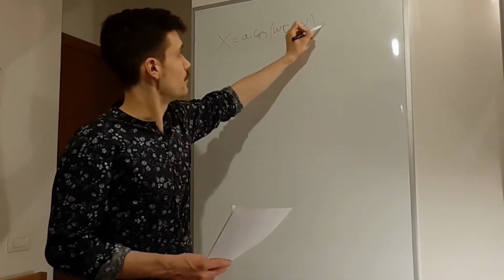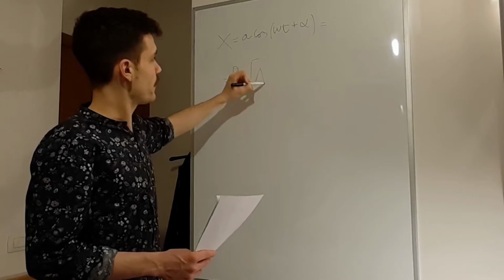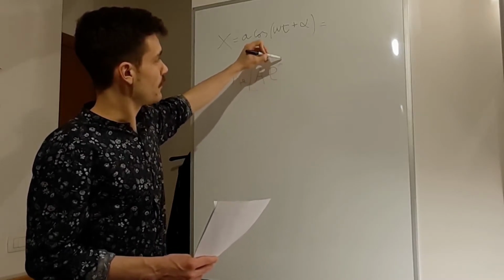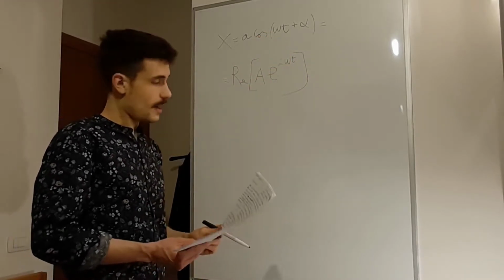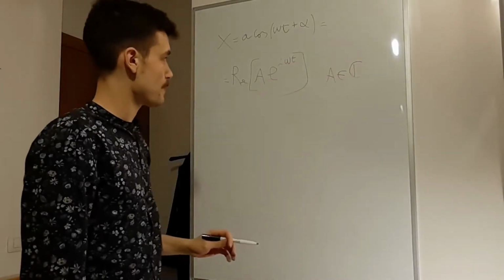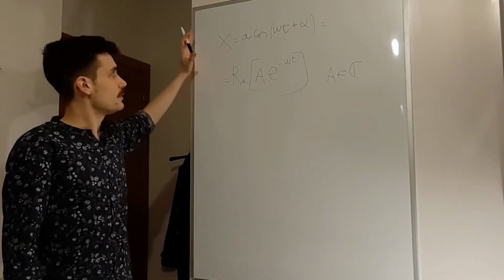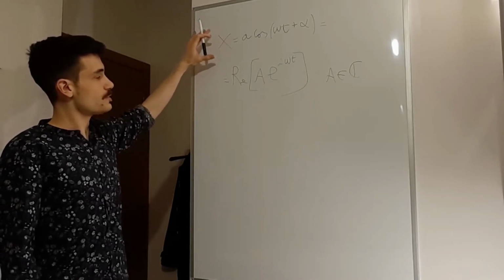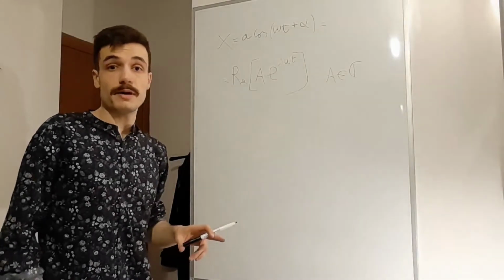This can also be written, in some cases more usefully, as the real part of A e to the i omega t, as a complex number where A is also a complex constant. Depending on the problem you're solving, you can use the real version or the complex number, and then remember that x is actually the real part of it.